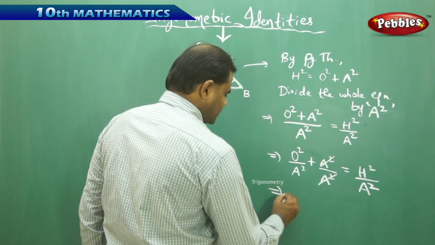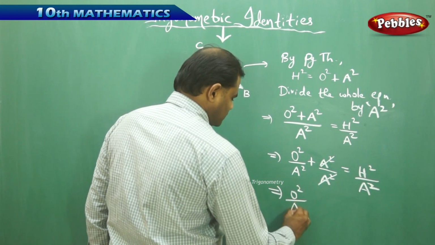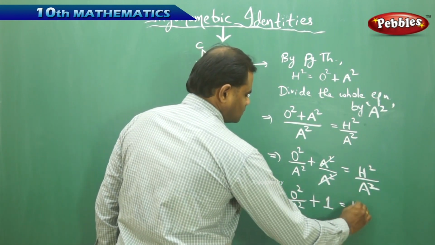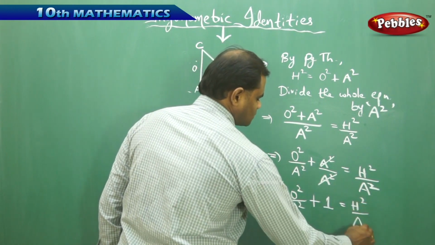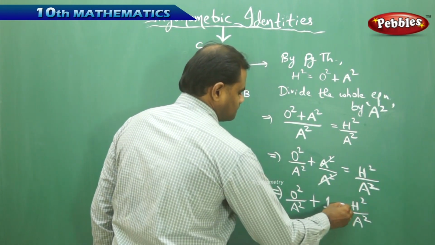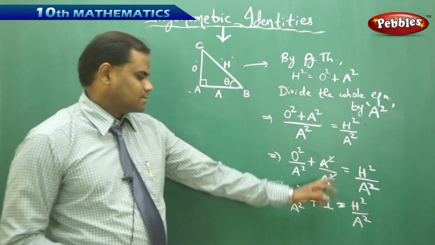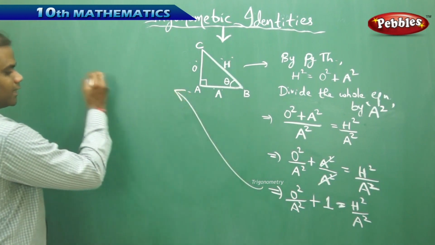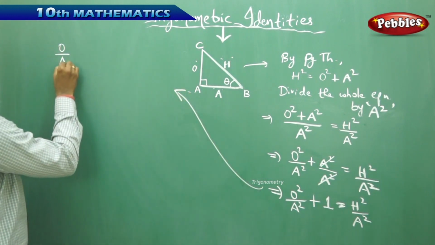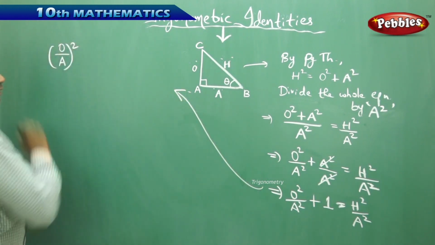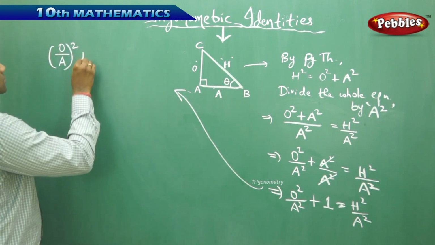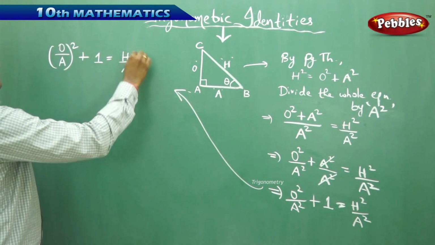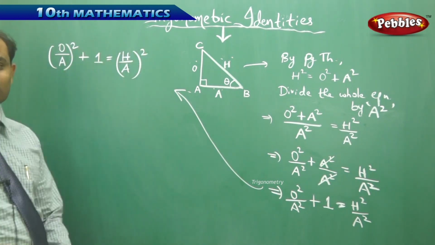That implies I get rho square by a square plus 1 is h square by a square. Now this, when rearranged through the law of index, I get rho by a whole square plus 1 equals h by a whole square.